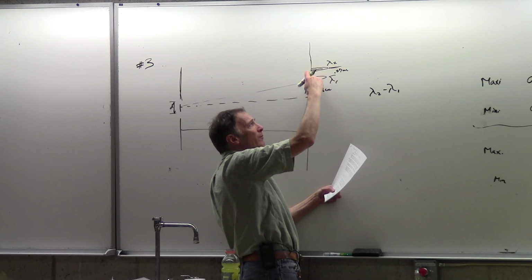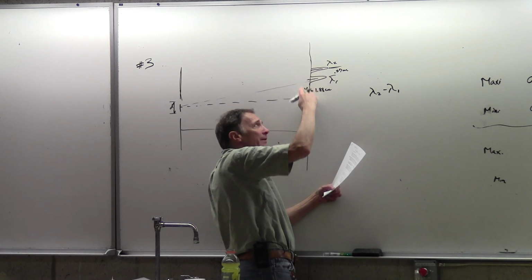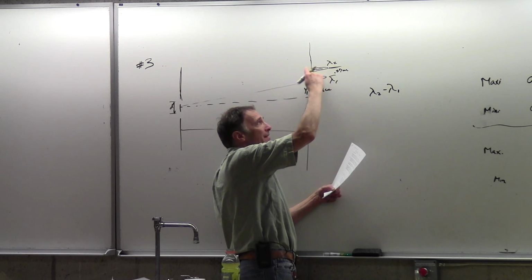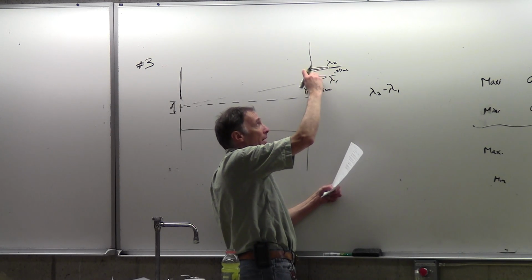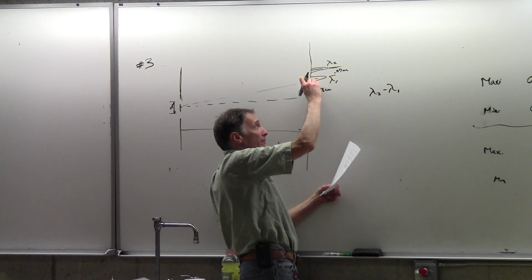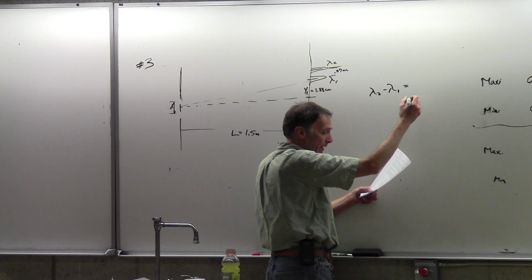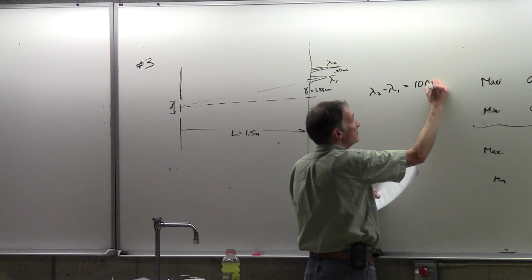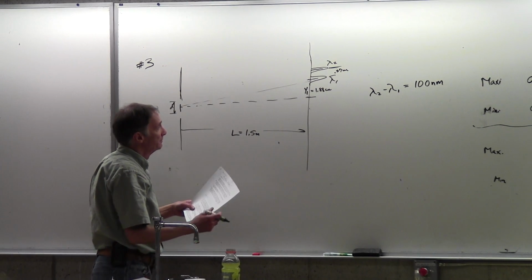The shorter wavelengths undergo this interference process more quickly as we start to move off. So the nearby one is a shorter wavelength, higher frequency than this one. And he says the 2 differ by 100 nanometers. And so we've got that relationship.